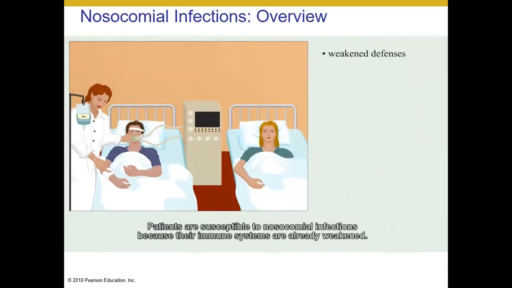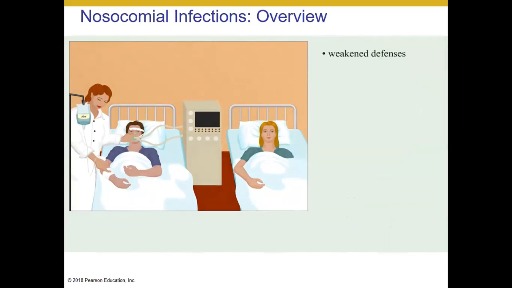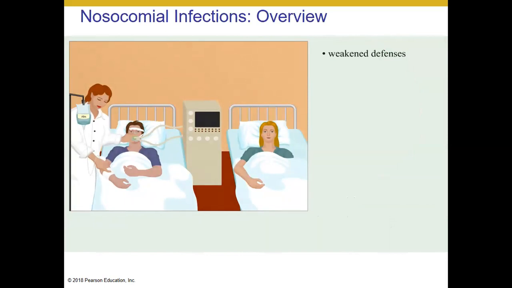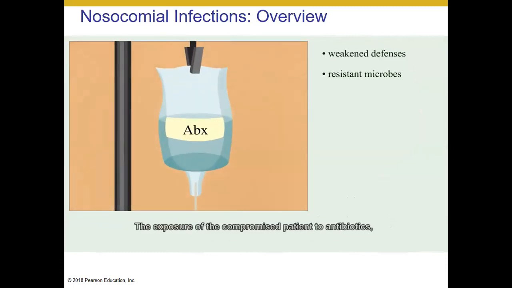Patients are susceptible to nosocomial infections because their immune systems are already weakened. The stress of surgery on the body also makes it harder to mount an adequate defense against these microbes. The exposure of the compromised patient to antibiotics, whether as treatment or as aerosols in the environment, allows resistant microbes to become abundant and cause disease.